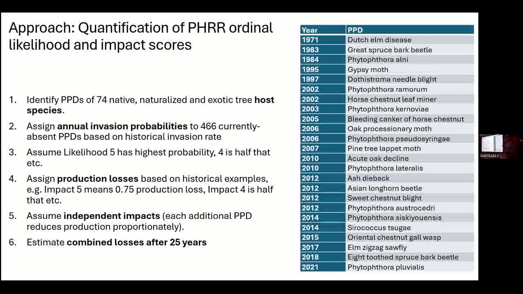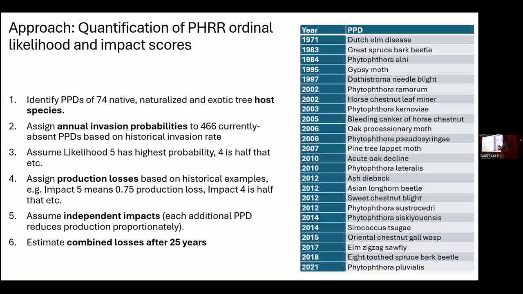Round about 2007 or so, there was an acceleration of arrivals in the UK, or confirmed arrivals, heading to an arrival rate of about 1 pest or disease per year. Okay, so it allows us to scale our ordinal arrival risk to some sort of actual value of rate.